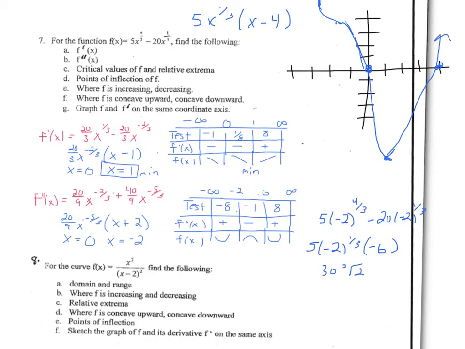Okay, so now we want to graph our first derivative on the same axis. So first of all, in our first derivative, we know that we have zeros at 0 and at 1.